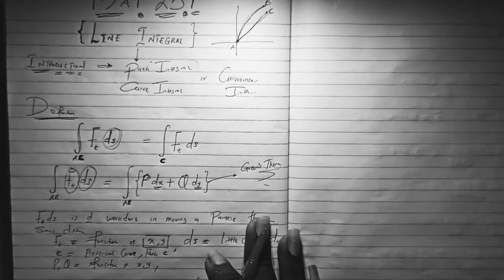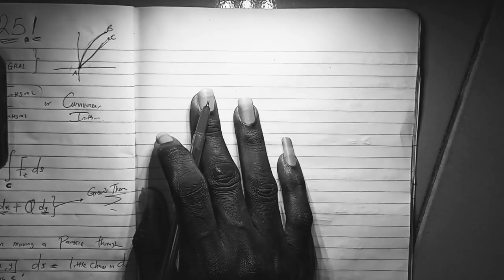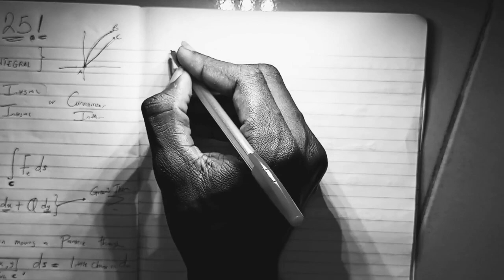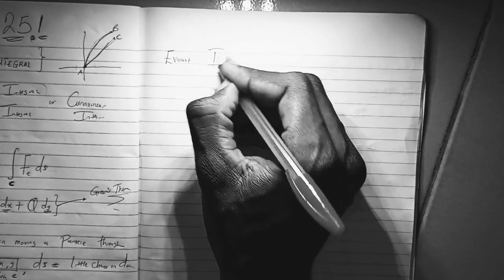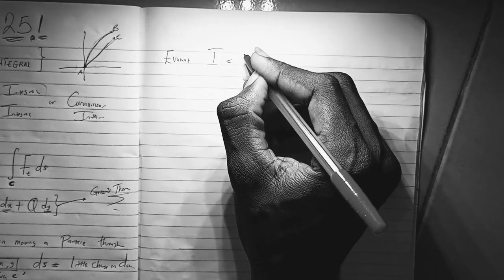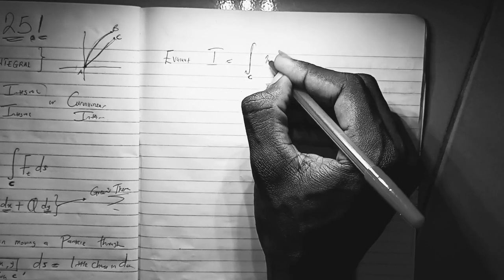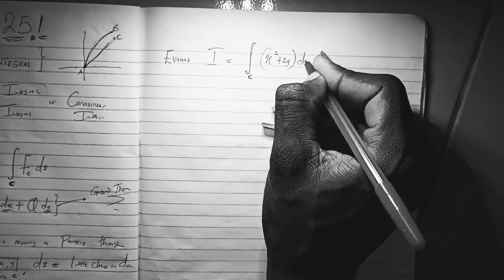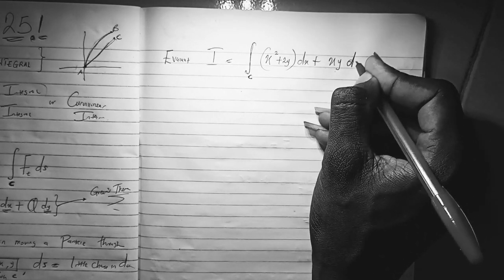But I think with this, we can go ahead and try some questions. Let's just pick one particular problem. So in this case, we have to evaluate an integral along a path C, which is given as x squared plus 2y, then we have dx, plus xy, then we have dy.